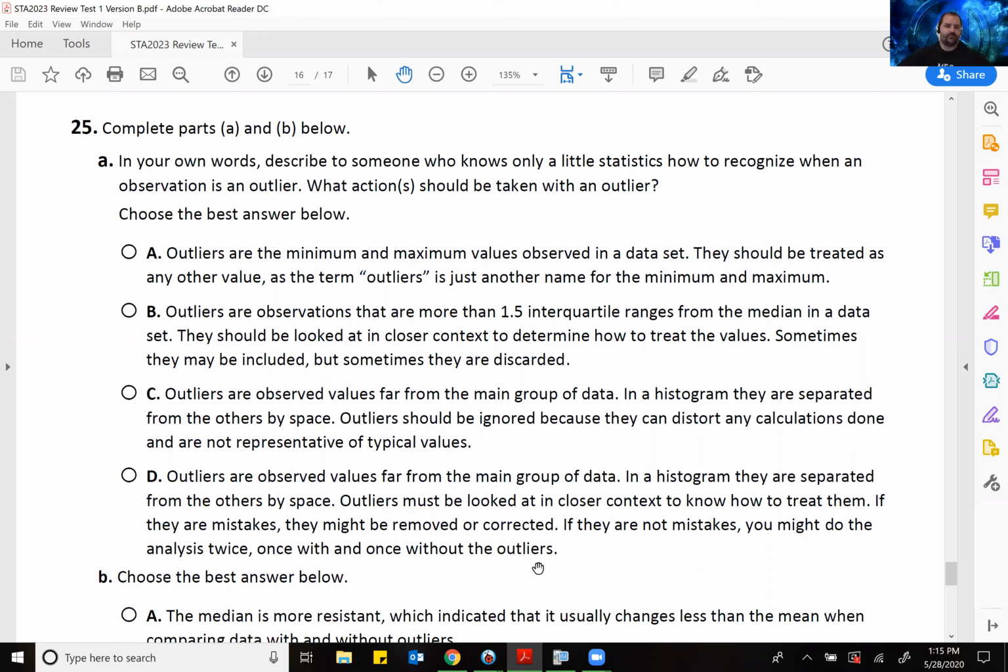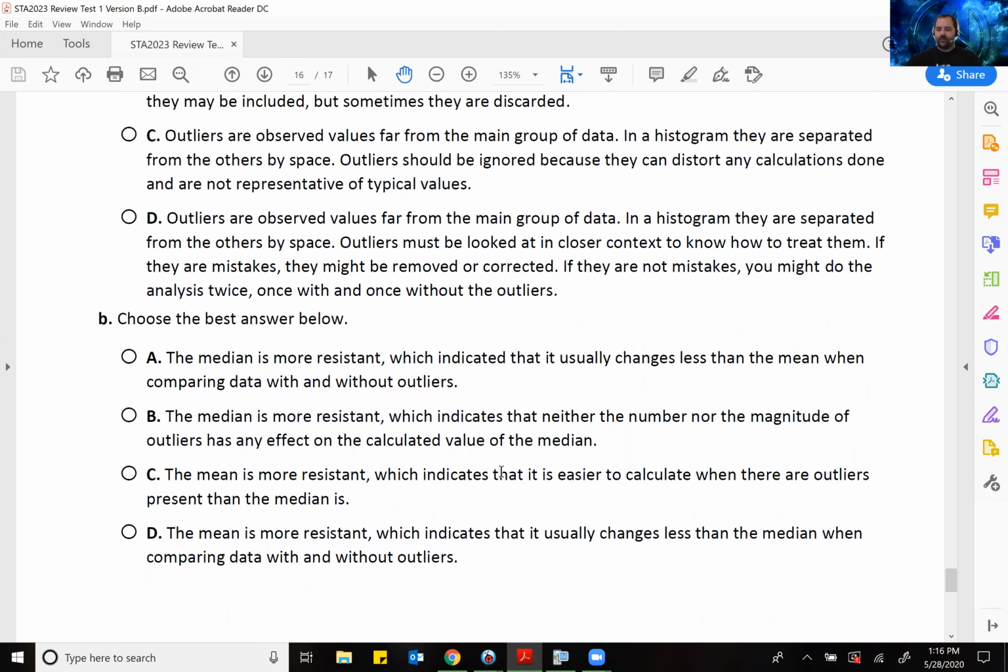Does that make sense? Yes, B is a pretty close choice, but it's for someone who really does know about interquartile range and medians. This is more for someone who knows little about statistics, and that's the key.